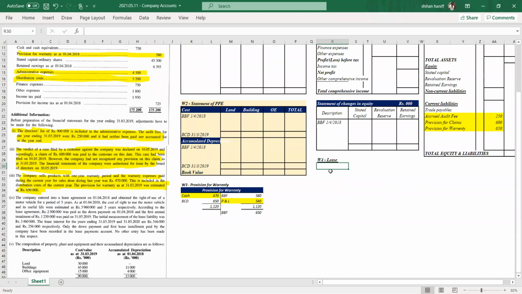The cost of the right to use the motor vehicle and its useful life were estimated at 5,960 and 5 years respectively.